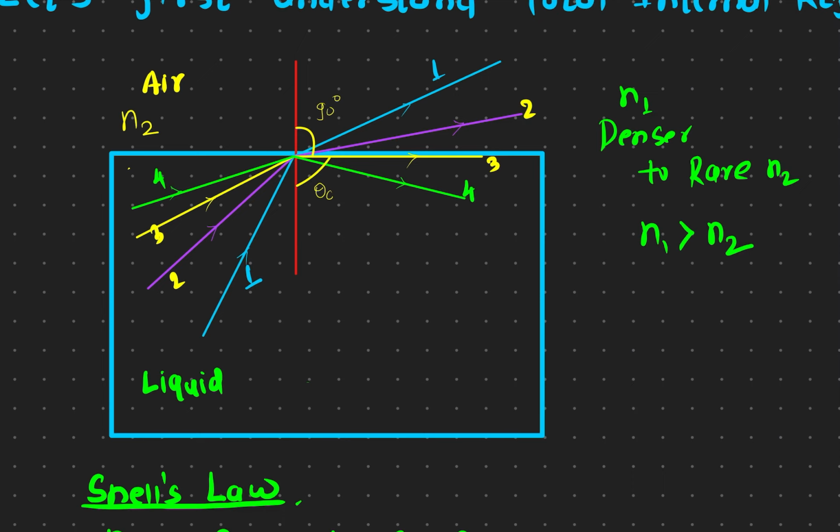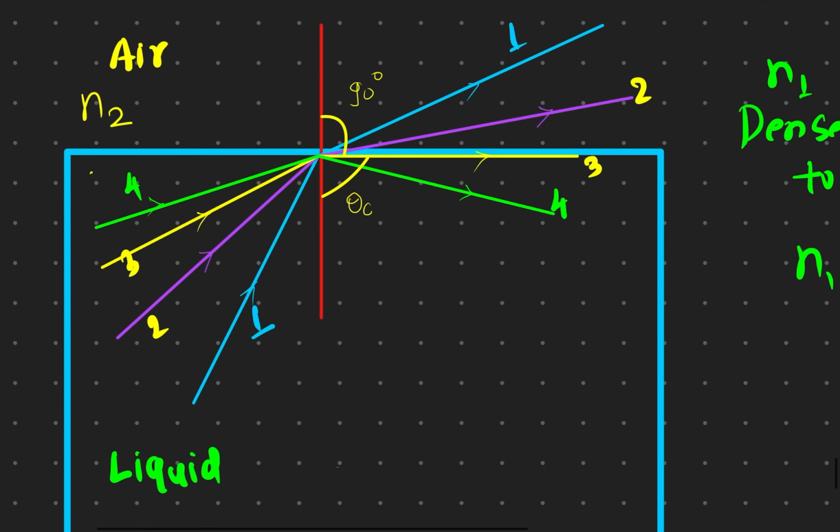And the angle of incidence in the denser medium, for which the angle of refraction in the rare medium is 90 degrees, we call this angle a critical angle. So here, this angle we'll call a critical angle.